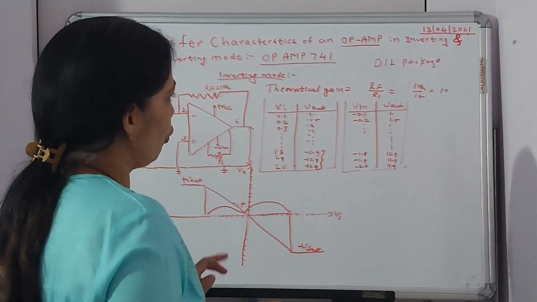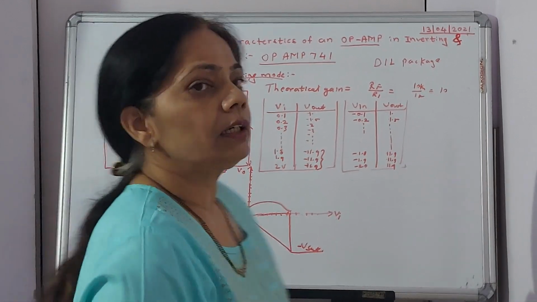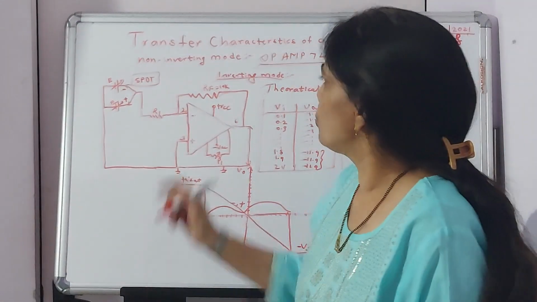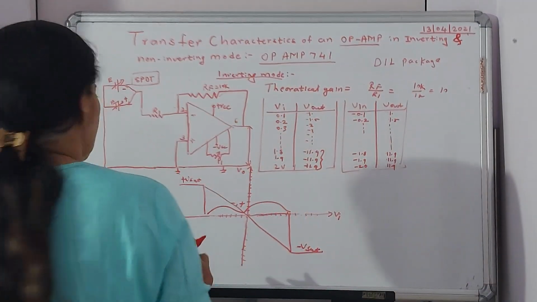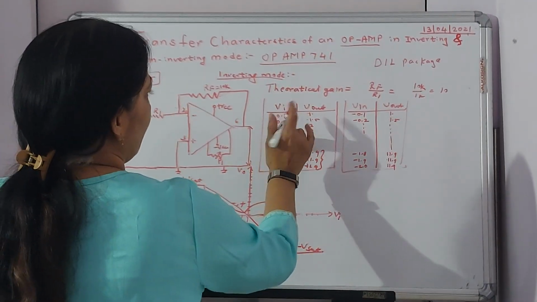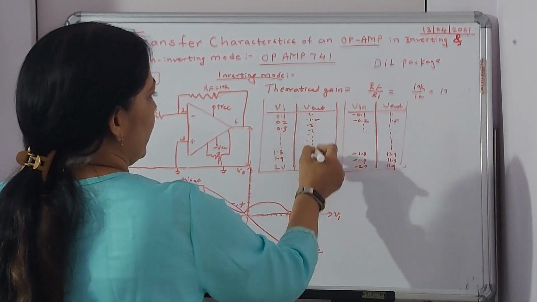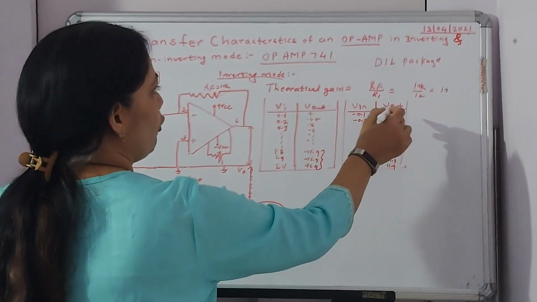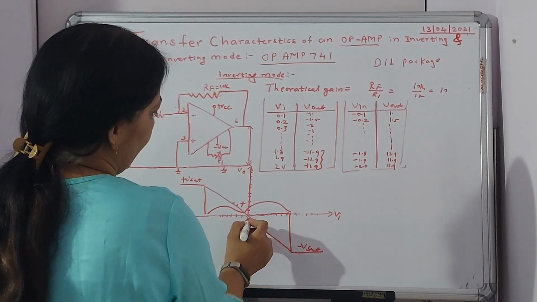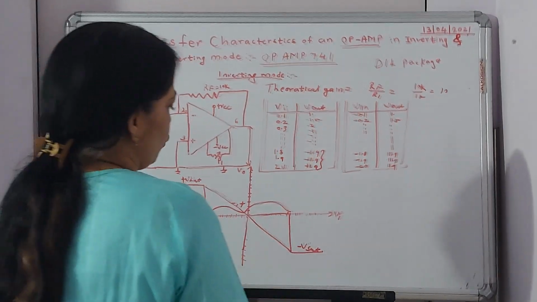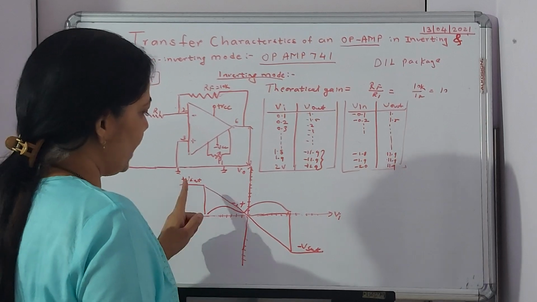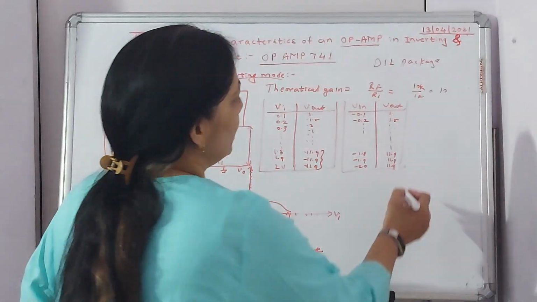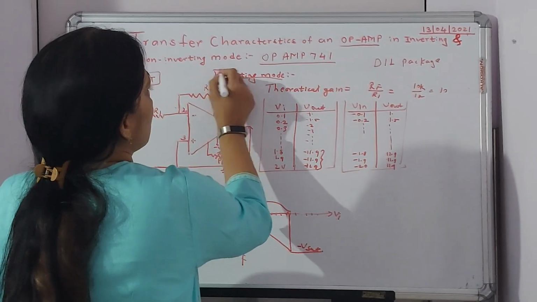So in short, this is the transfer characteristic I observed for my inverting mode, where my VI was positive, that time output was negative, and when my Vin was negative, output was positive. That's the reason I covered these 2 quadrants over here. In the first, I had the 1st and 3rd quadrant, and now I had the 2nd and 4th quadrant as far as my inverting mode is concerned.